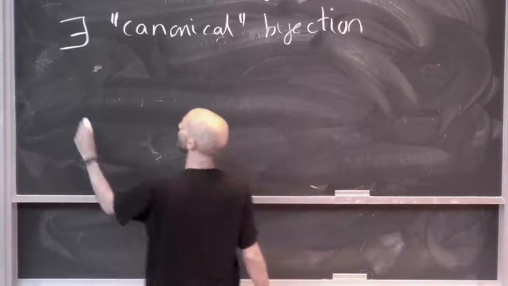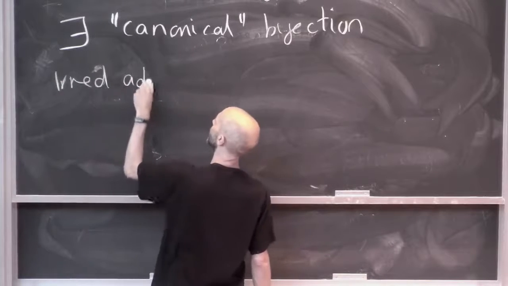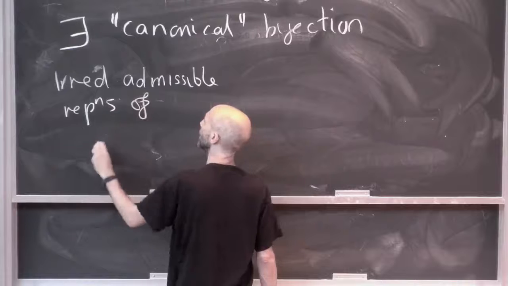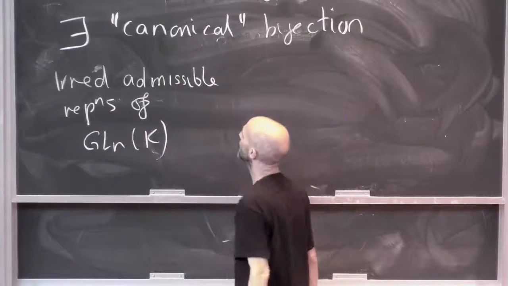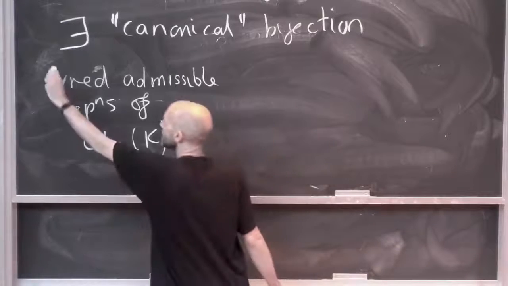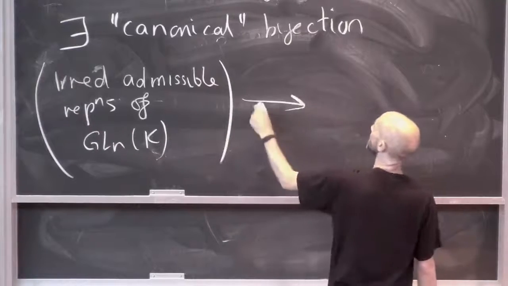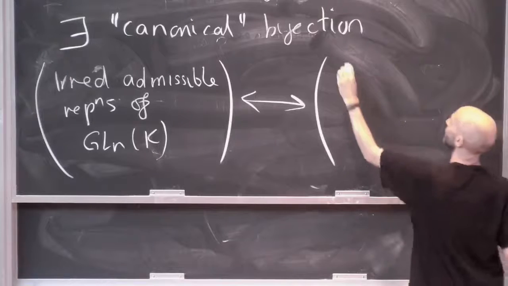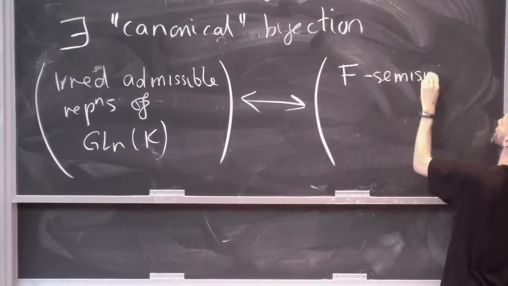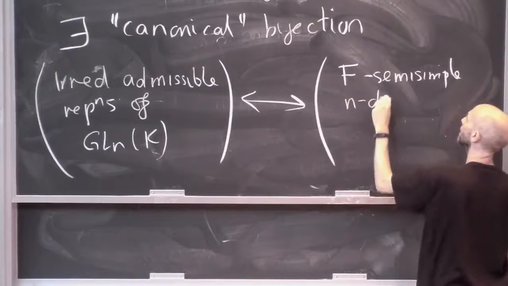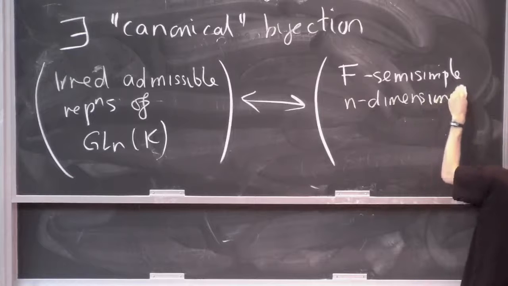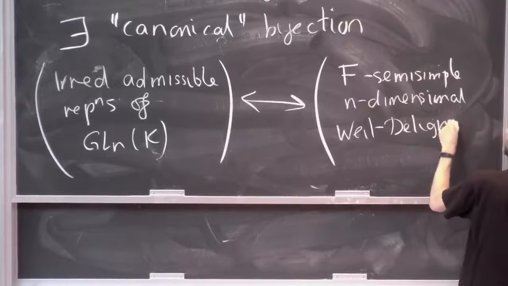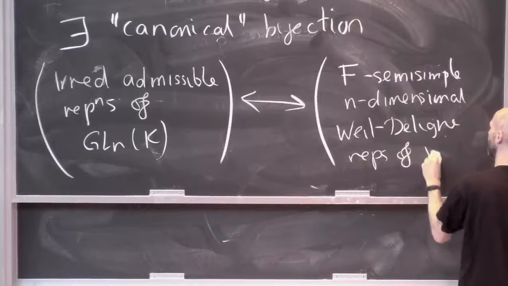So irreducible admissible representations of GLN of K are supposed to biject with F semi-simple n-dimensional Weil-Deligne representations of the Weil group of K.